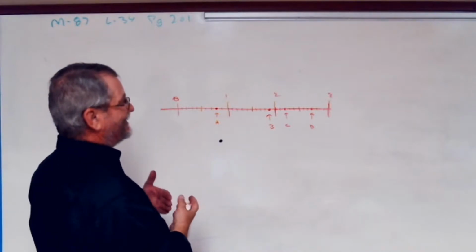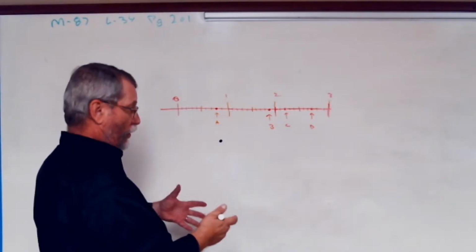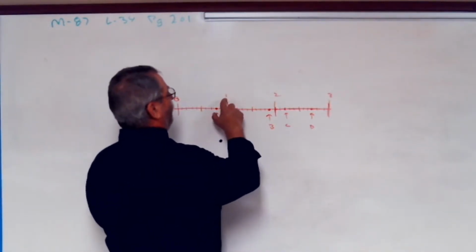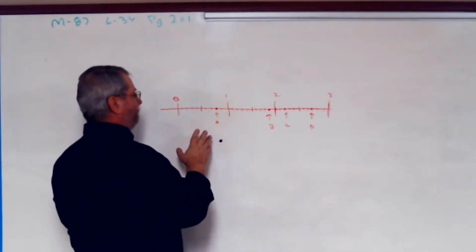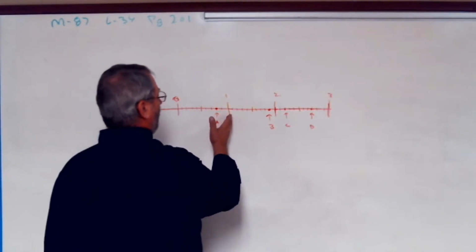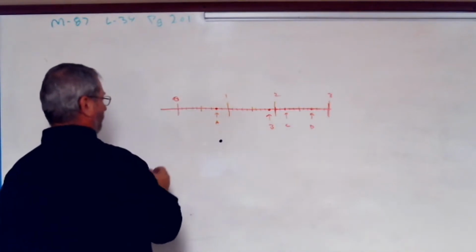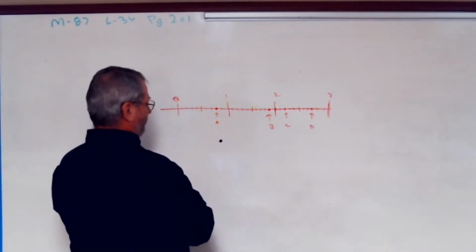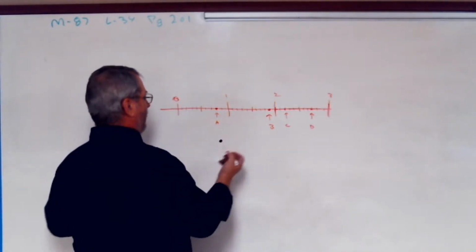If we're on a centimeter or a meter measurer, I'll show you that in just a minute, but this would be like 1 centimeter, 2 centimeters, 3 centimeters. And this would be a decimal part of a centimeter, like a fraction of an inch. Same kind of deal. So the question is, what number is A? Well, A is not 1 yet, so it's less than 1.